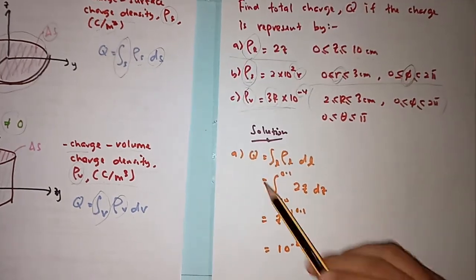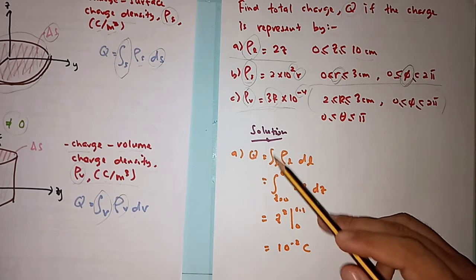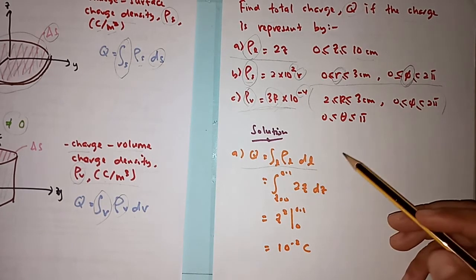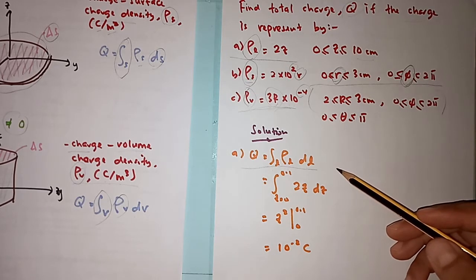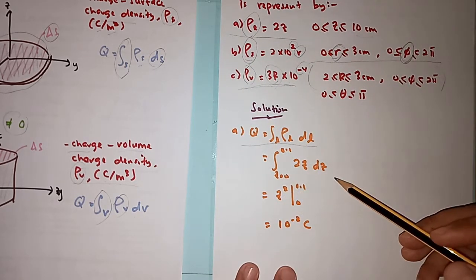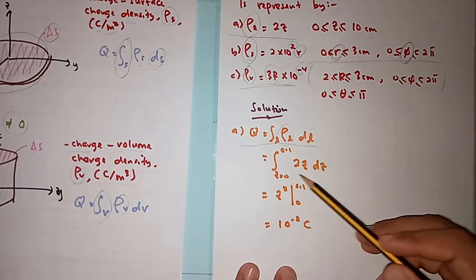We have Q is equal to the line integration of rho L dot dl. Since in this question the charge is given in the line charge density, we just put in whatever parameter has been given. The rho L is given by 2z.